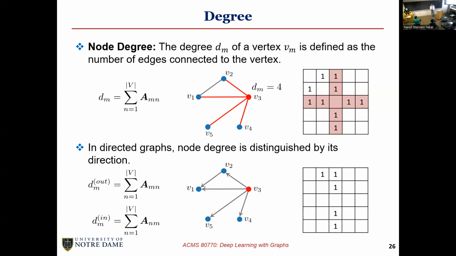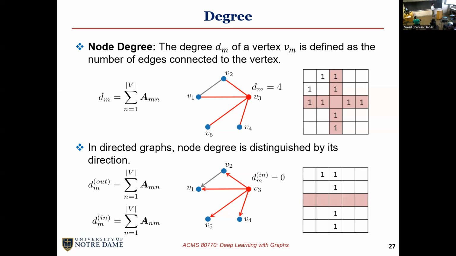We have the same concept defined on directed graphs. For that, we will have two definitions: in degrees and out degrees. For in degrees, we are going to sum the row corresponding to that node.